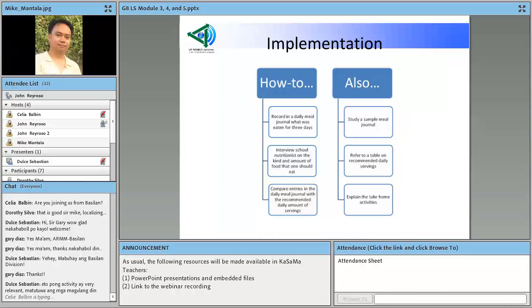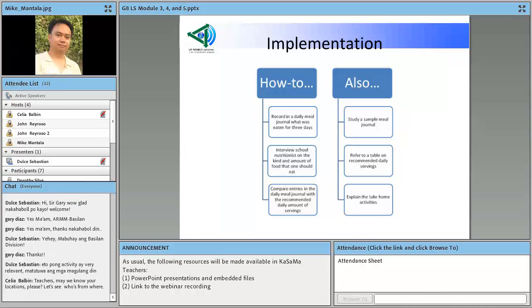But if you want more on this, you can consult your health workers, or you can seek help from health professionals in nearby hospitals or health centers. And then there's a take-home activity there that you can, of course, give to the students.